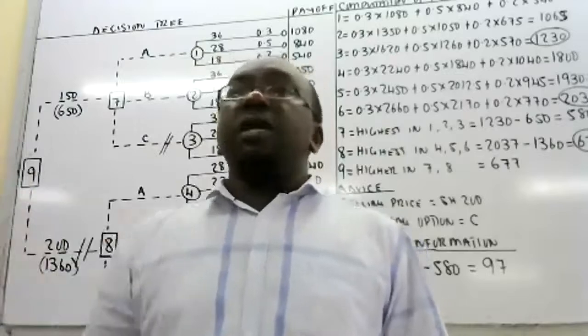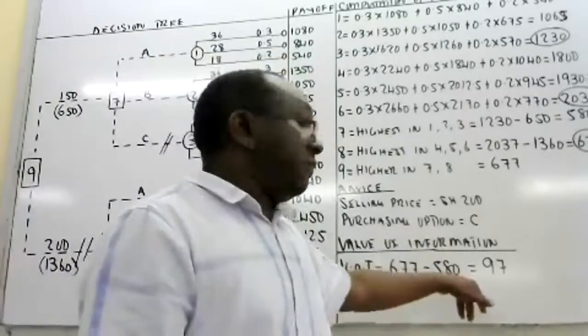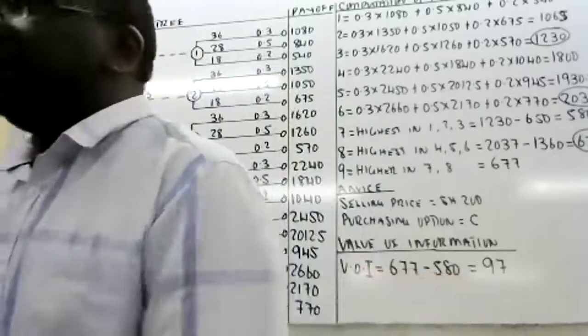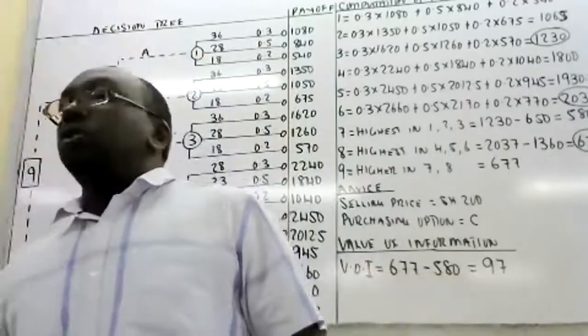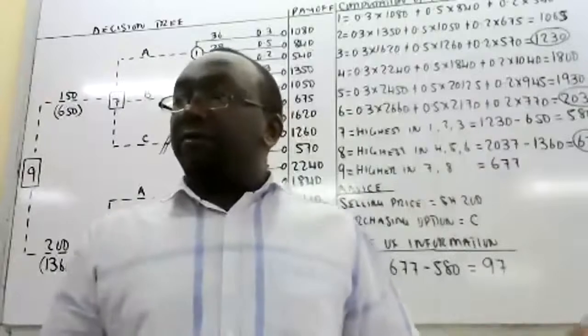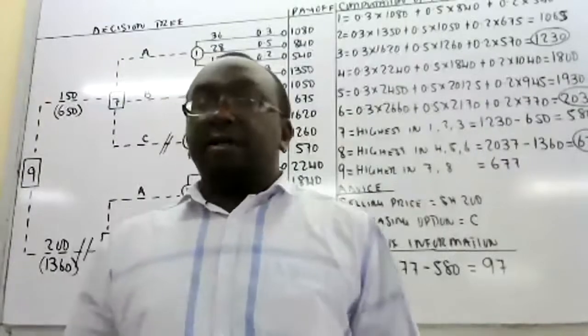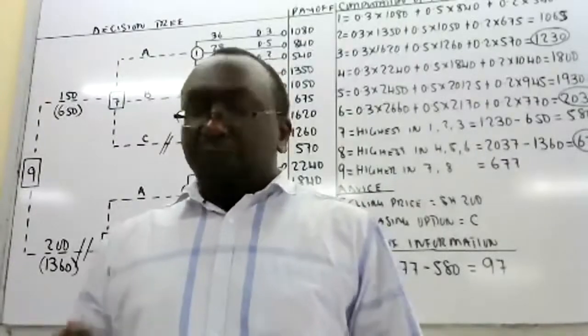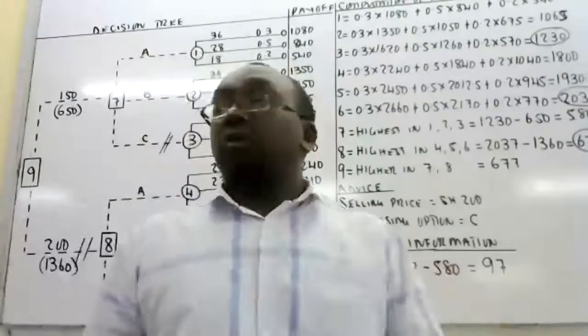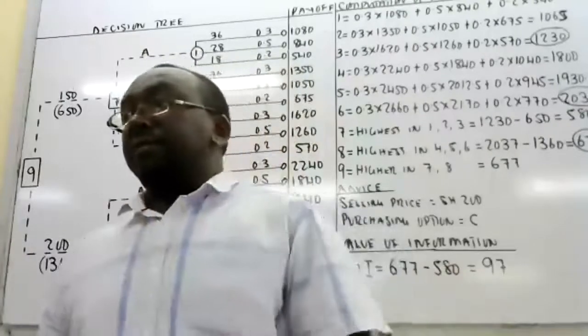The how much you're willing to pay is the value of information and is determined by the benefits that you expect to get. If someone was to tell you you will never get a job with management accounting, then you would not come to pay for it. But as we speak now, we are hopeful that you will get a good job with management accounting. That's why you are ready to pay for it.